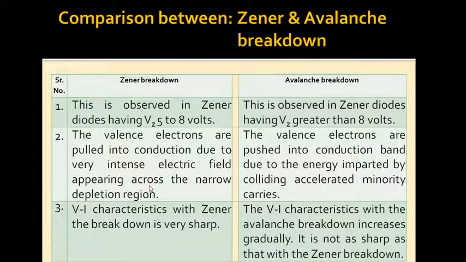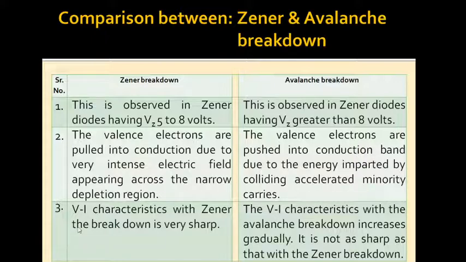How does it occur? When the valence electrons are pulled into the conduction band due to the high electrical field applied across the junction depletion region, the carriers tunnel through the depletion region and the conduction population is enhanced. This leads to a sharp increment in Zener current or the reverse bias current.